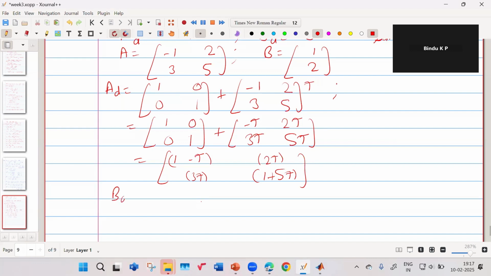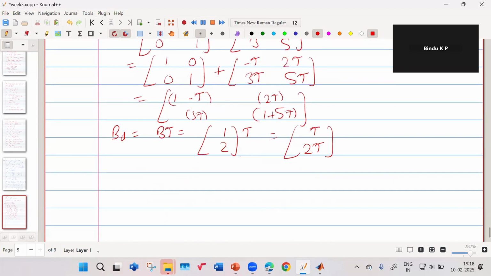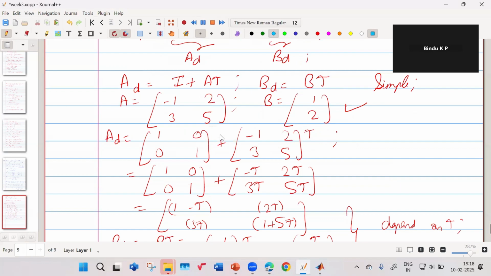And what is our B_D? B_D is B into T. B is given by the expression [1; 2] into T. So it is [T; 2T]. What you must understand is that the A matrix and B matrix are for the continuous time system, and A_D and B_D are for the discretized system, but they depend on T. If you change T, A_D and B_D will change.